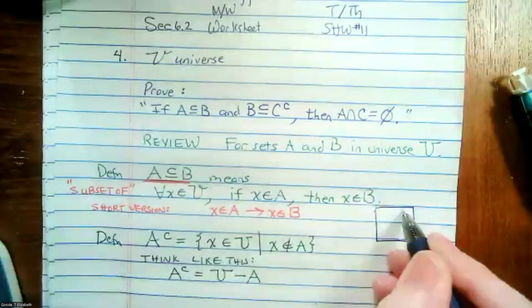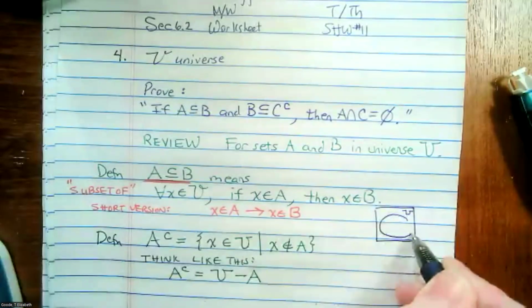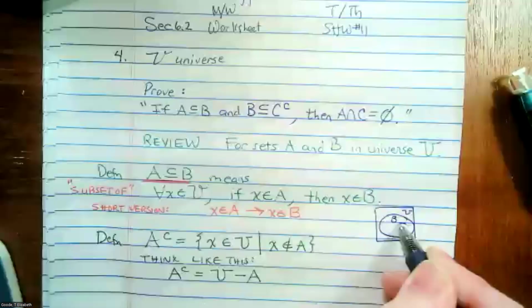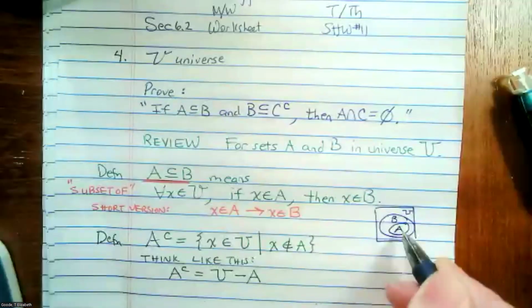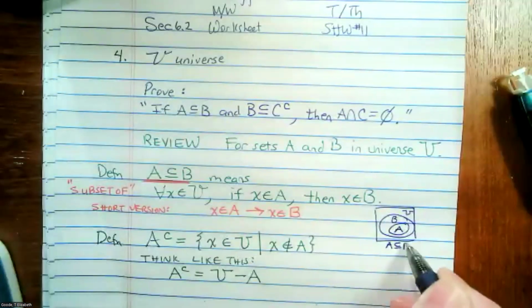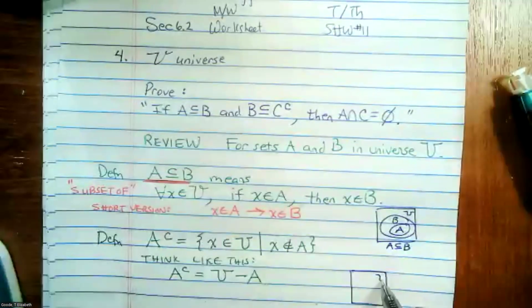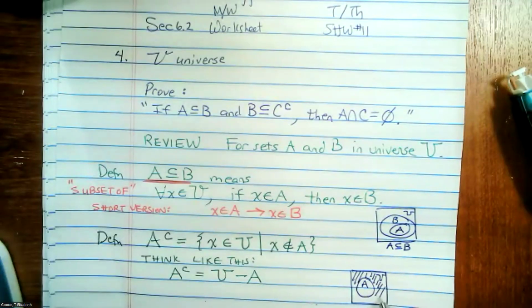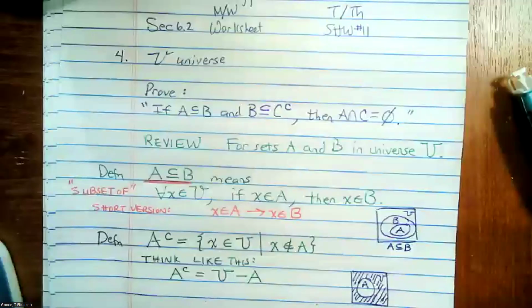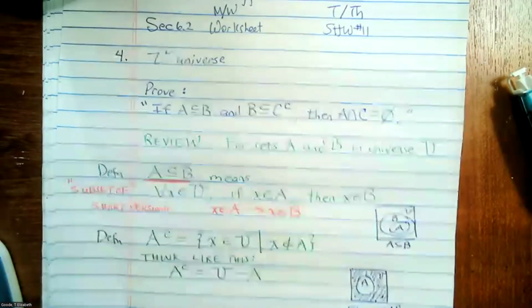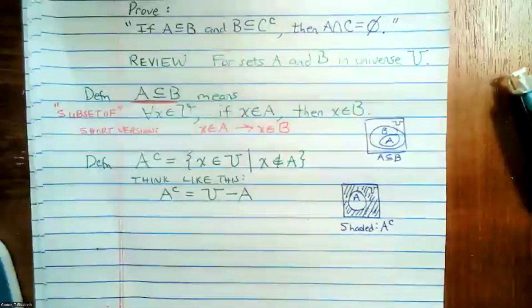So if A is a subset of B, here would be set B, and A would be inside of B. And here, if this is the universe and this is set A, A complement is everything in the universe but outside of A. So I've shaded A complement. Does that help? Yes, it does.